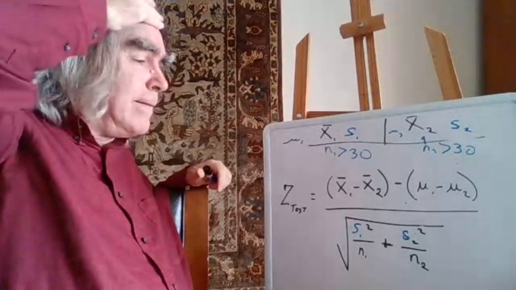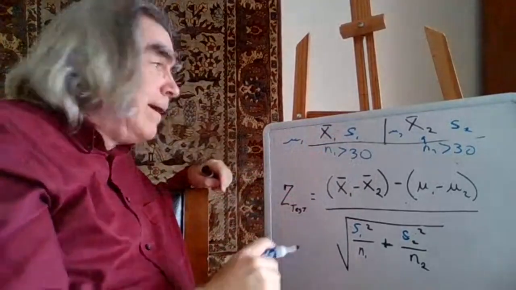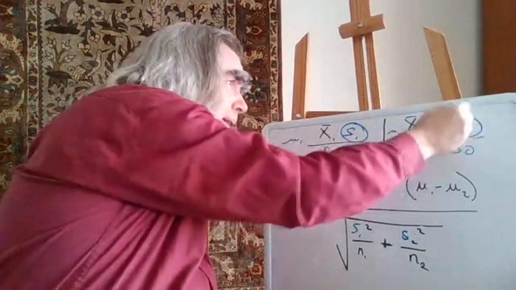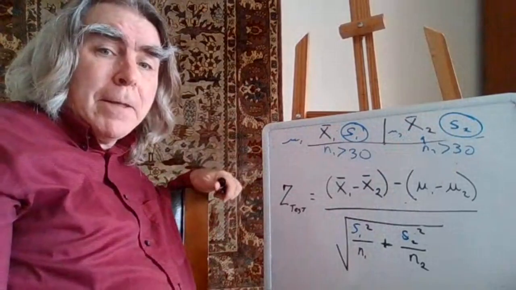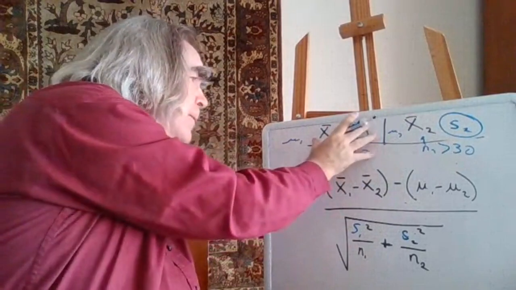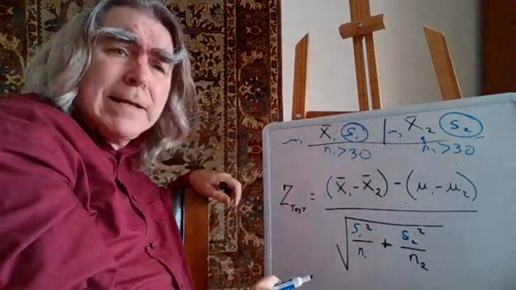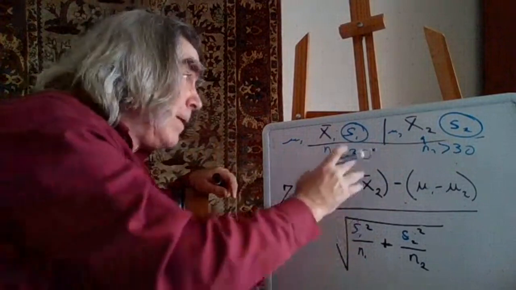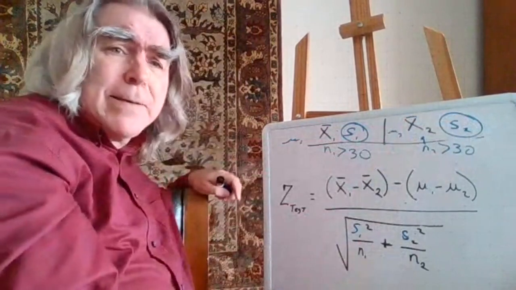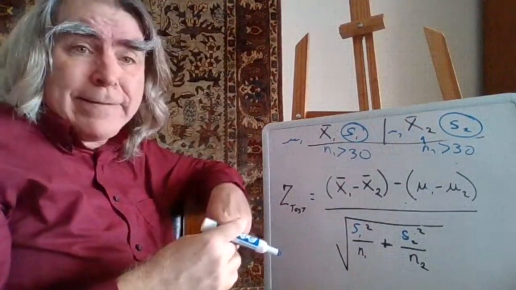Now, what I wanted to point out is if you've got reason to believe that these are the same, if sigma 1 equals sigma 2, and we're estimating sigma from the sample of 30 and using it down here, we could have gotten a better estimate if we had pooled the two samples together.